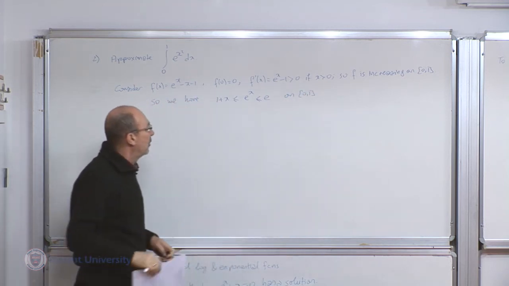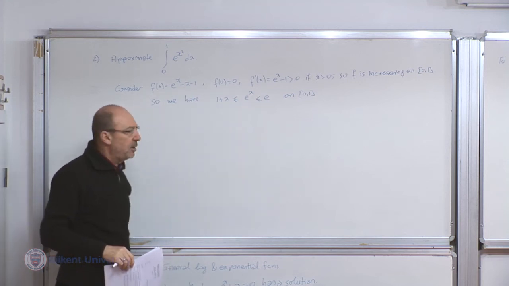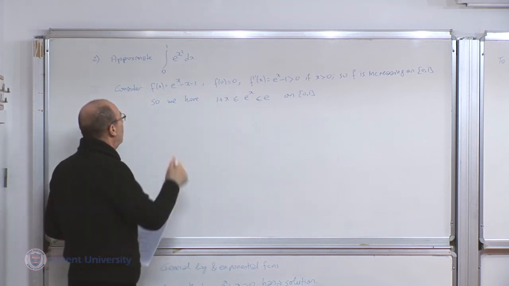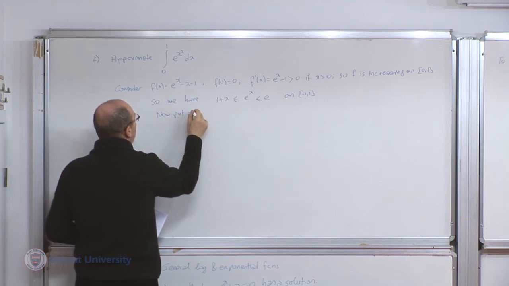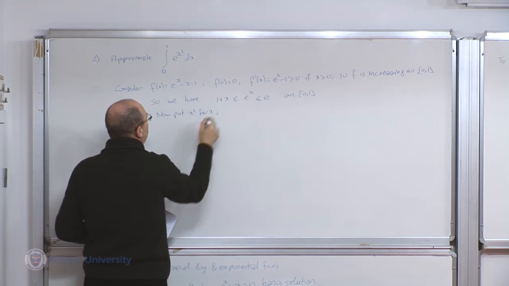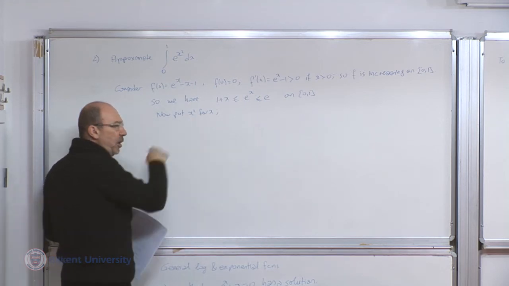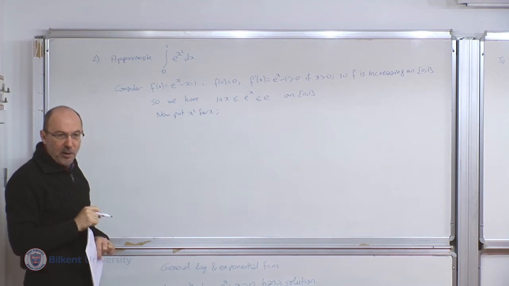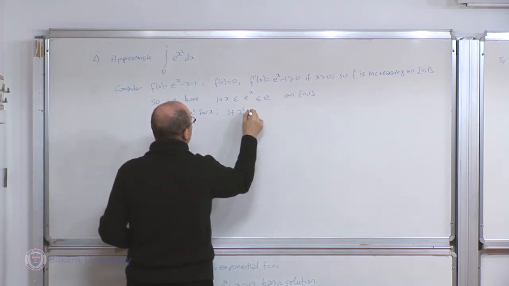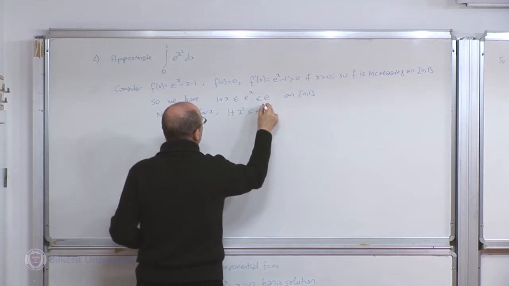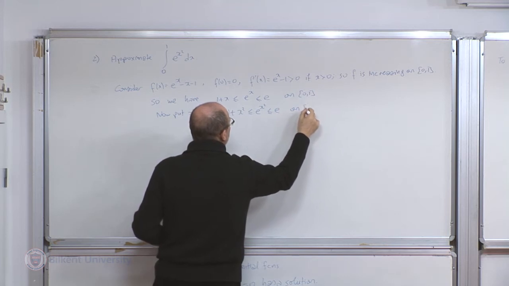Okay. On 0, 1, x is less than 1, so this is less than this. Now put x squared for x. Since x is between 0 and 1, x squared is also between 0 and 1. So 1 plus x squared is less than or equal to e to the x squared, still less than or equal to e on 0, 1.